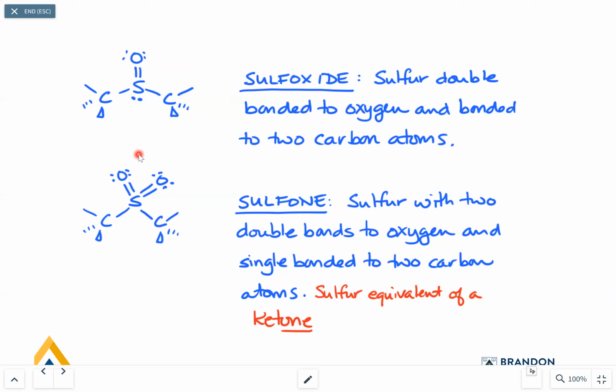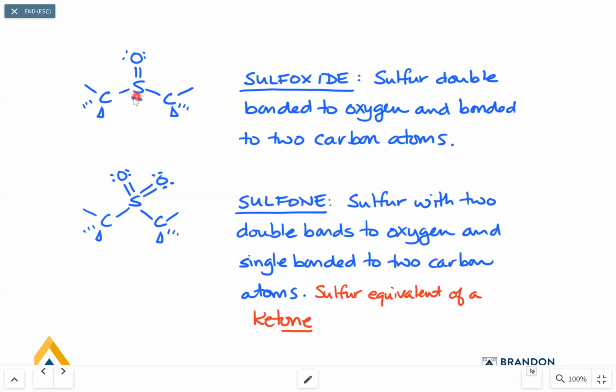And then sulfur can be oxidized, so it can form double bonds with oxygen. And so there's a series of functional groups that are important. If we replace this with a carbon, this would be like a ketone, right? So a sulfoxide is basically the sulfur equivalent of a ketone.